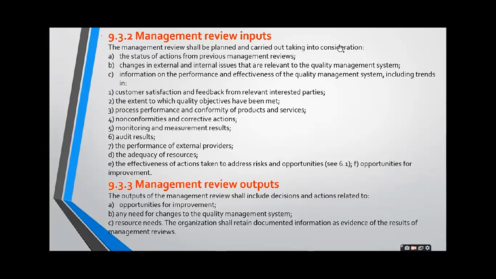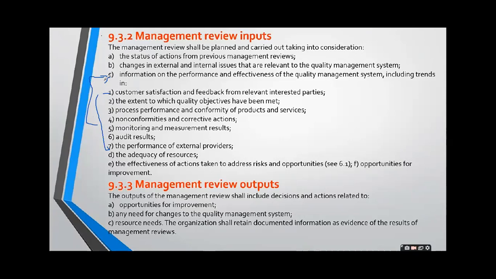Part C is the performance of the QMS and effectiveness. You will analyze the information on how well the quality management system is functioning, including all of these points. You get the point? These points from 1 to 7 are for this.